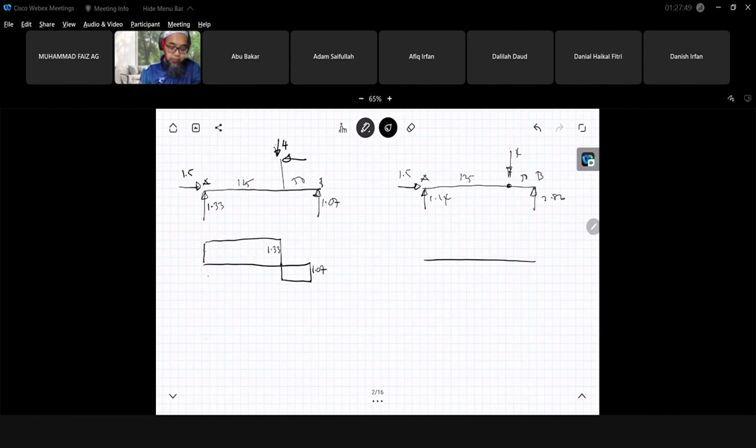Then moment diagram, bending moment. So 1.33 times 125, you will get 166.2 Newton meter, this value.